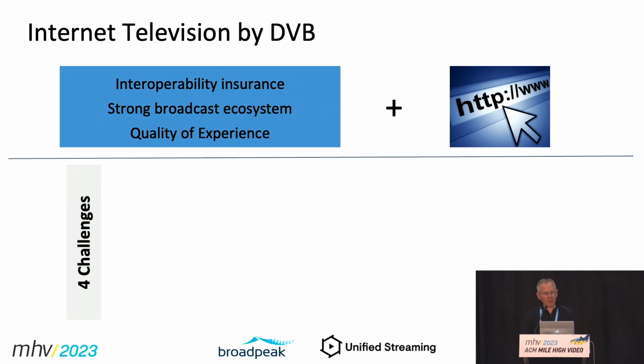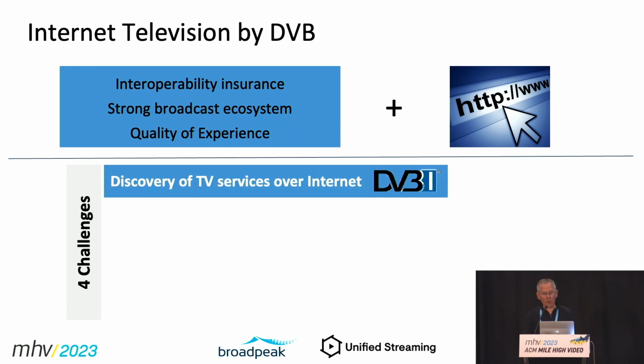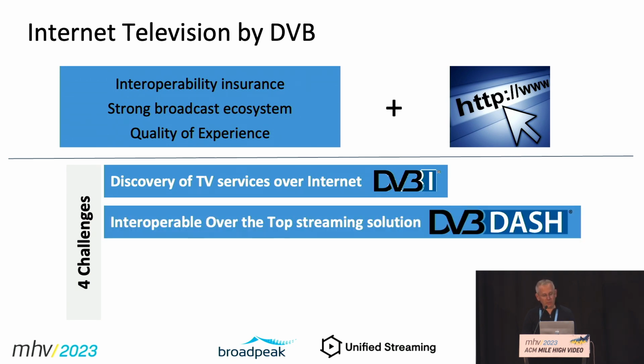So basically what DVB did, it says we need to keep the interoperability assurance that DVB is famous for, keep our broadcast ecosystem, keep the quality of experience that is also number one in DVB, and try to merge it with what internet is known for, right? And we started 4 different specifications. The first one is called DVB-I. It's been mentioned by Michael. It's used for discovering TV services over internet. The second one is DVB-DASH.